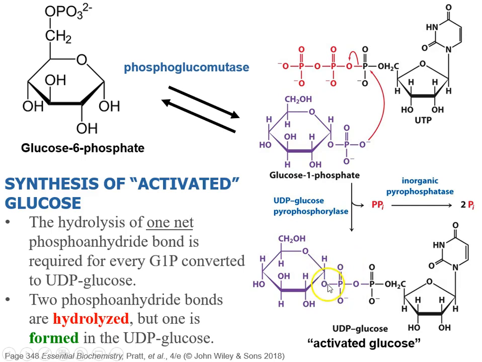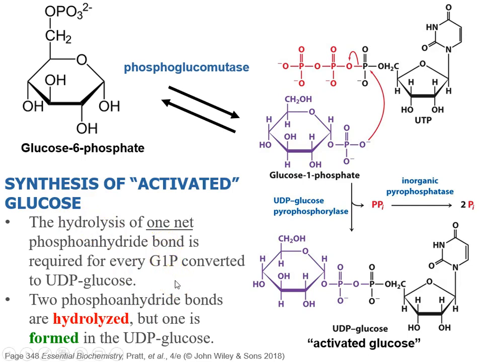This purple phosphate was the phosphate already on the glucose 1-phosphate, and this phosphate right here is on the UTP, and then here's the ribose and the uracil. We end up hydrolyzing 2 phosphoanhydride bonds, one here and one here. But since we form one here, we would really say the net is the hydrolysis of 1 phosphoanhydride bond needed to convert glucose 1-phosphate to UDP glucose.